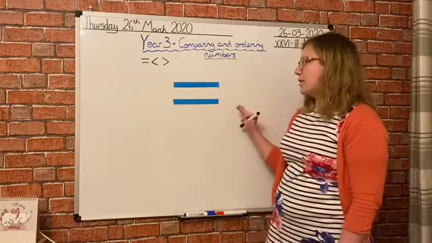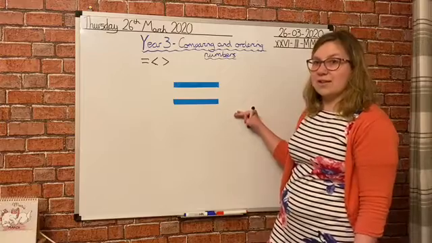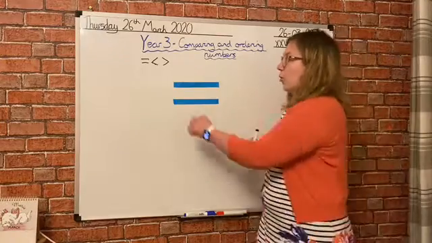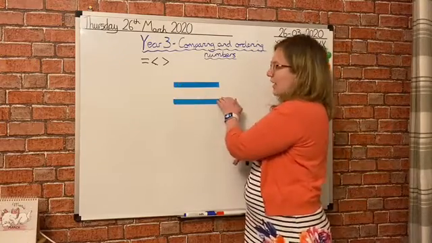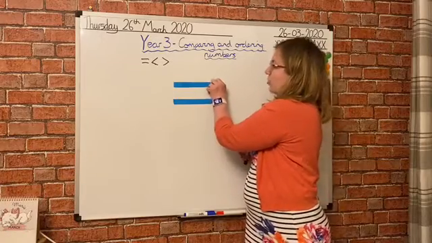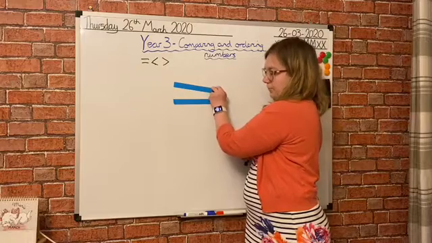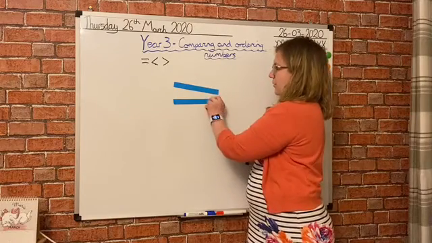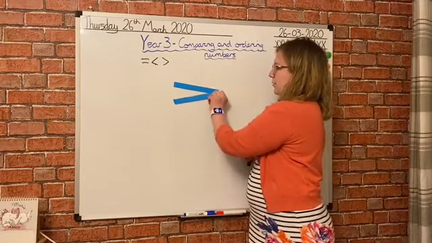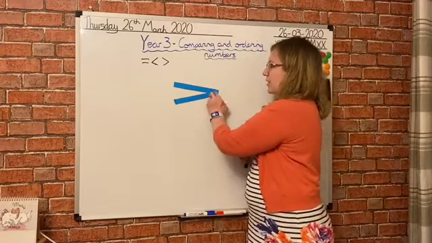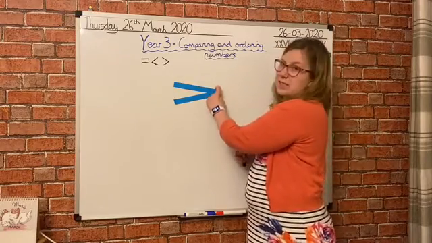Okay, so I've returned my two lines to their starting point, to the equals position, where they are the same distance apart here as here. This time I'm going to move the right hand side ends. And we can see that the value at this end is smaller than this end.